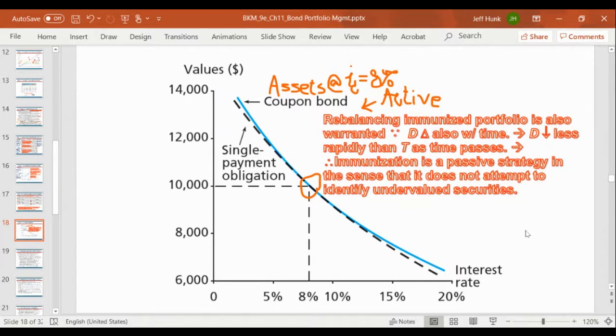So for a small change in interest rate, it will be okay. It's supposed to work as planned, right? For small change and for a relatively short time horizon.